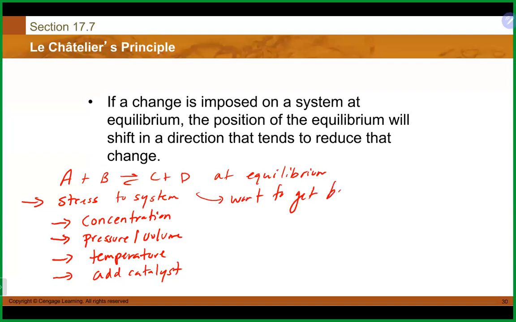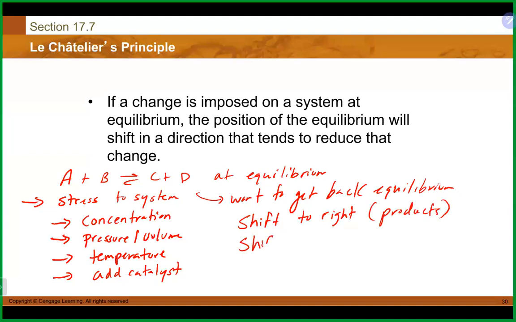And really, there's a few ways that it could do that. It can do what most people refer to as shifting to the right, which means you're going to make more products. It may shift to the left, which means you're going to have more reactants.